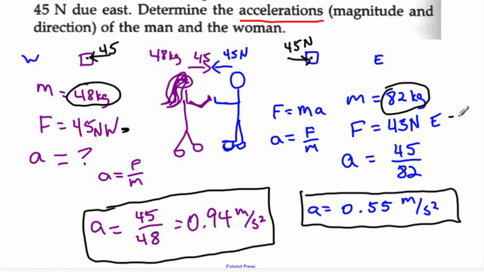That's the same as the 45 over here. It's just in opposite directions. So it does make sense that his acceleration is going to be less because a heavier object is going to move slower if a force is applied to it than what a lighter object would. It's easier to throw a baseball than a weight that you'd lift in the gym. So yeah, the answer makes sense.